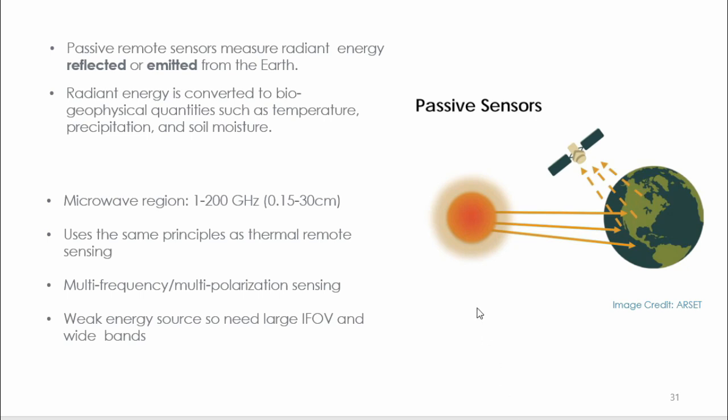However, they use the same principle as the thermal sensors, and they can use multi-frequency, multi-polarization, like VV, HH polarization, VH polarization, and so on. However, they have a weak energy source, so they need a large antenna, instantaneous field of view and wide bands. I'm going to explain this better.